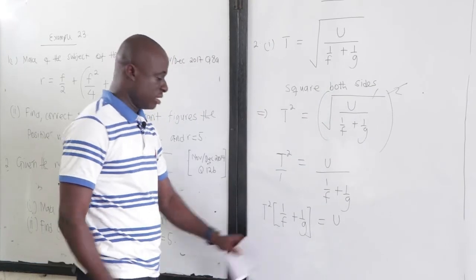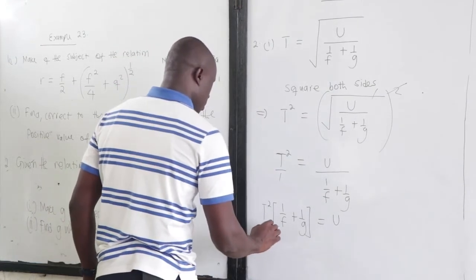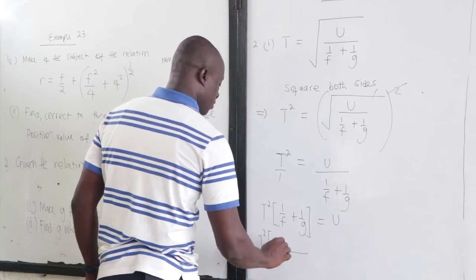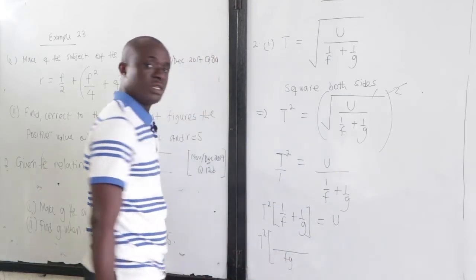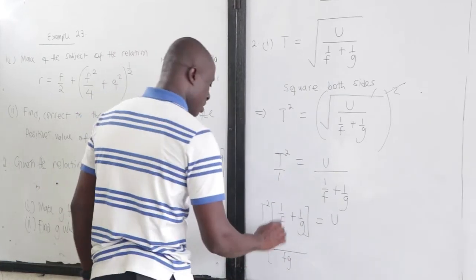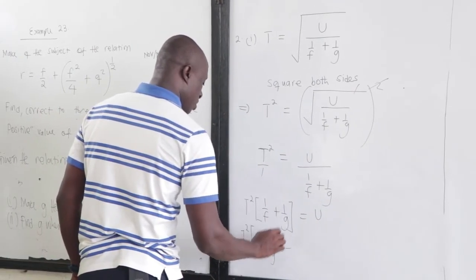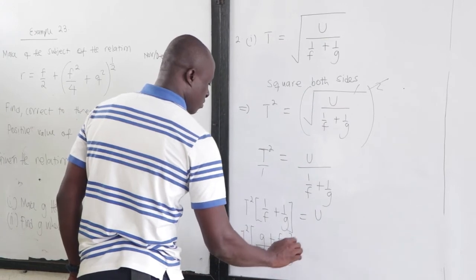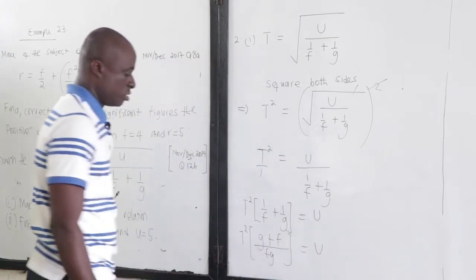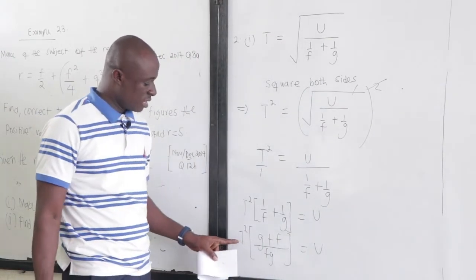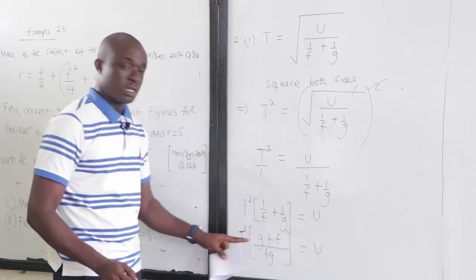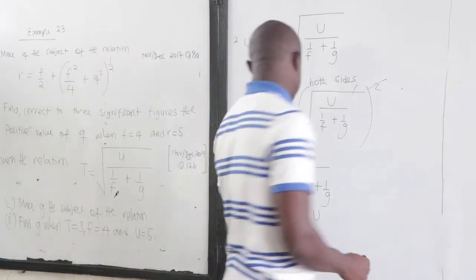We can find the LCM here. We have fj as the LCM, and this will give us f will cancel f, we have j, plus j will cancel j, we have f, equal to u. Clearly we can expand using the distributive property on the left hand side.